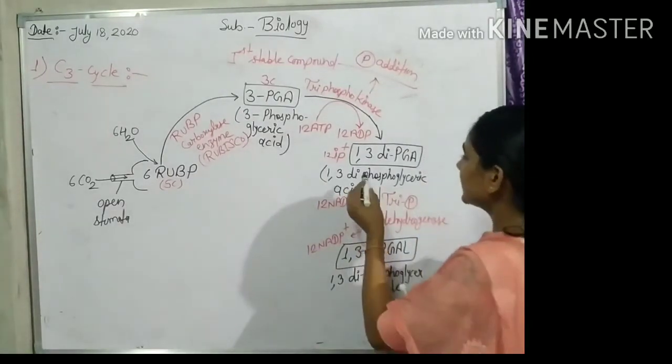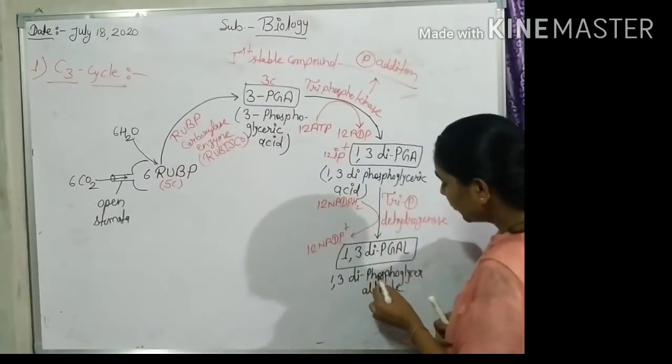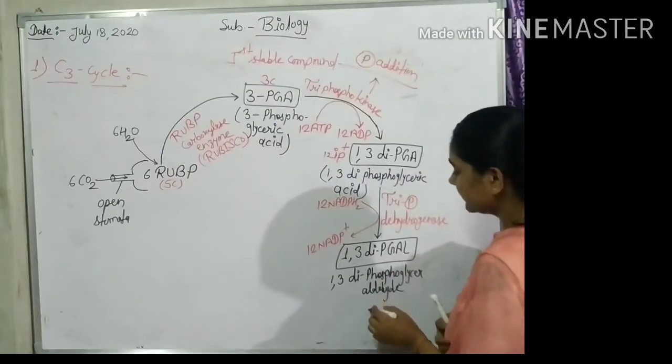Full form of PGA is phosphoglyceric acid and full form of PGAL is phosphoglyceraldehyde.